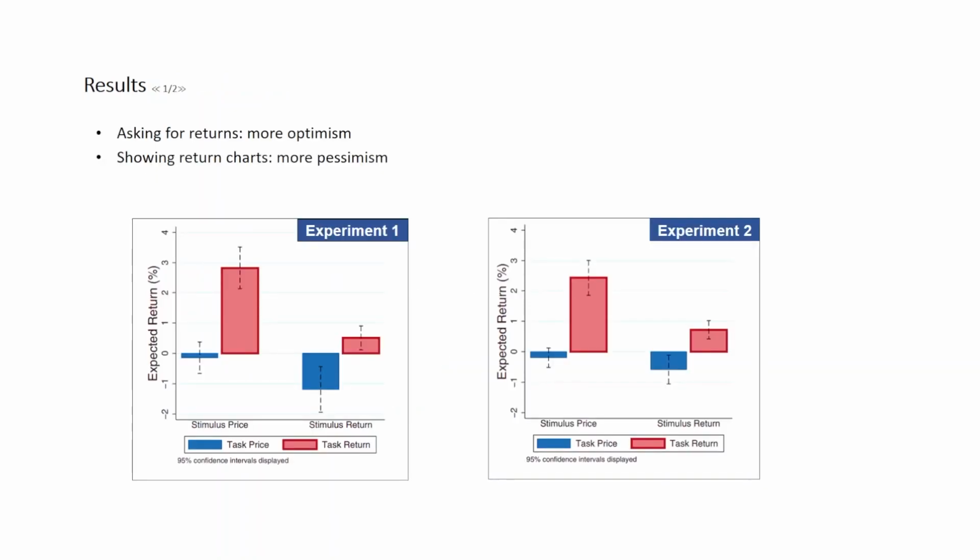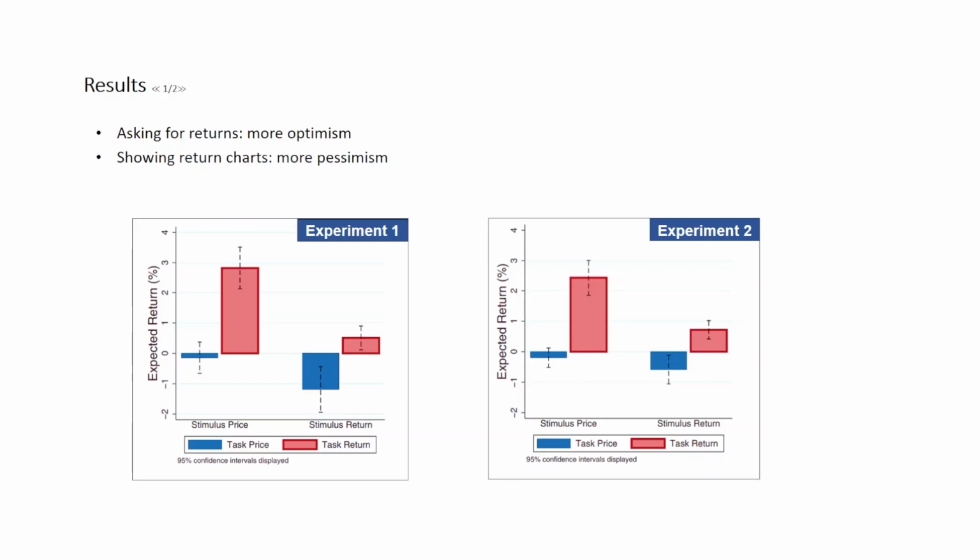For the first two experiments, the results were that whenever we were asking for returns, we had more optimism. And when we showed people charts, return charts, they were more pessimistic.